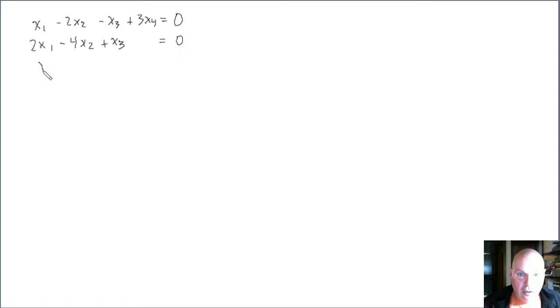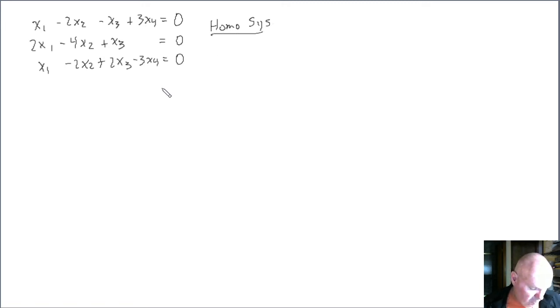Okay. x1 minus 2x2 plus 2x3 minus 3x4 is equal to 0. So this is the corresponding homogeneous system corresponding to our previous example.